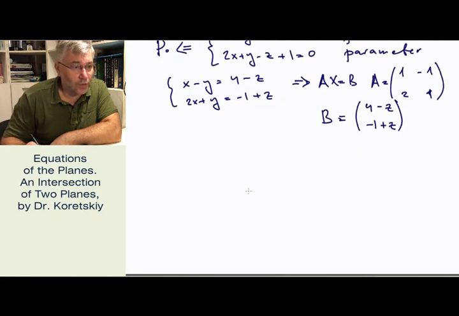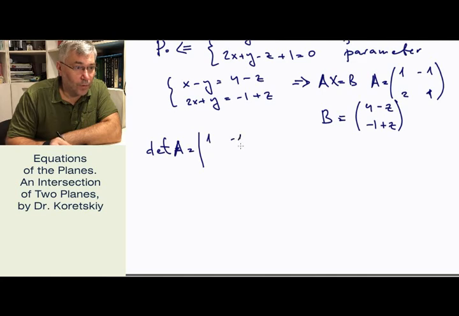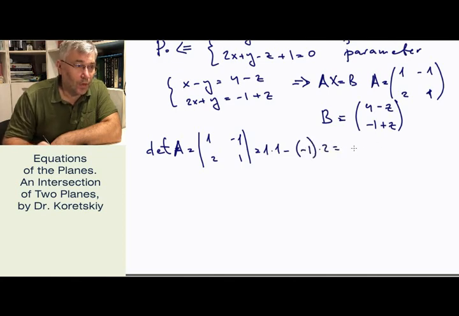And we have here the determinant of A, which we have to calculate. It gives 1 times 1 minus minus 1 times 2, so it is 1 plus 2, 3.